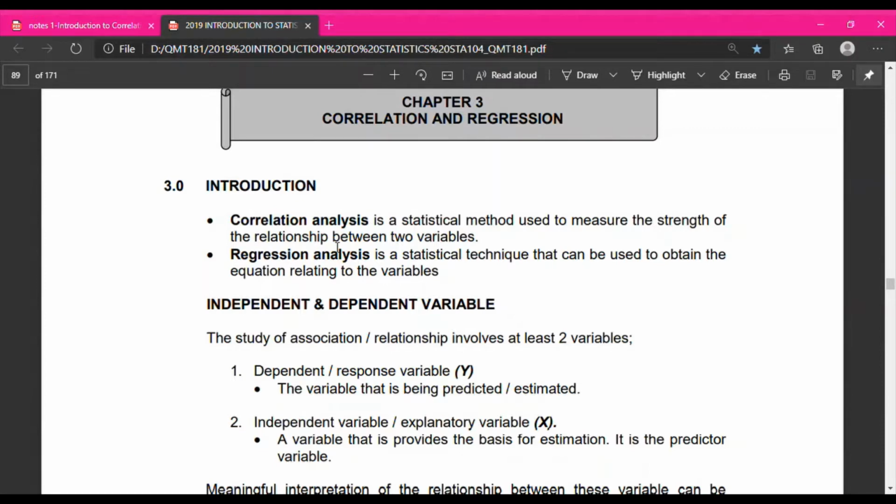Okay, so apa maksud the variable have the relationship adalah let's say when the first variable is increase, okay, the value of the variable is increased, and then the second variable will also increase, contohnya.